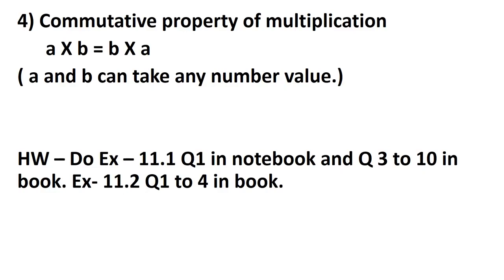Now I am reading one question of exercise 11.1 for you. This is question number 4 of exercise 11.1. If there are 50 mangoes in a box, how will you write the total number of mangoes in terms of number of boxes? In one box there are 50 mangoes. Okay.